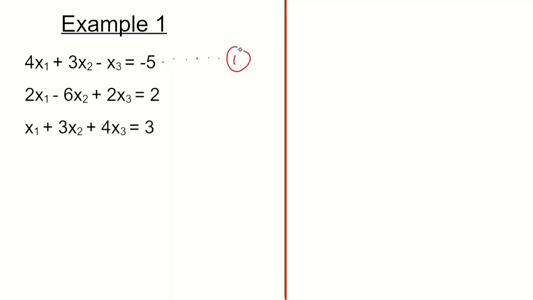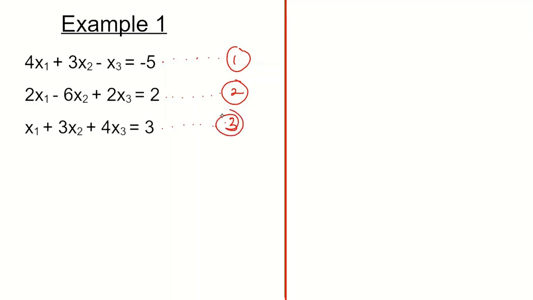The next one is 2x1 minus 6x2 plus 2x3 equals 2, which we name equation 2. And the last one, x1 plus 3x2 plus 4x3 equals 3, which we name equation 3.